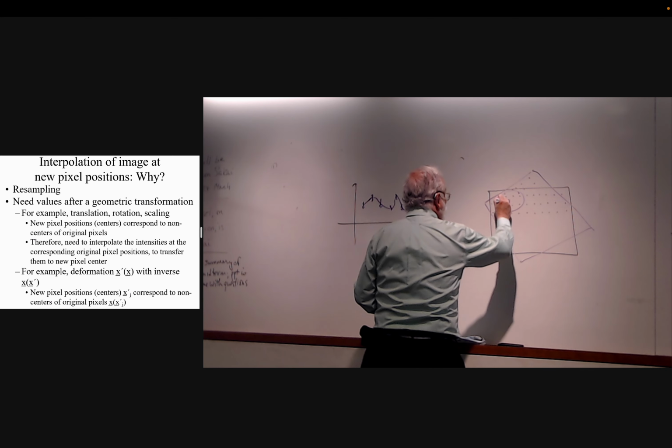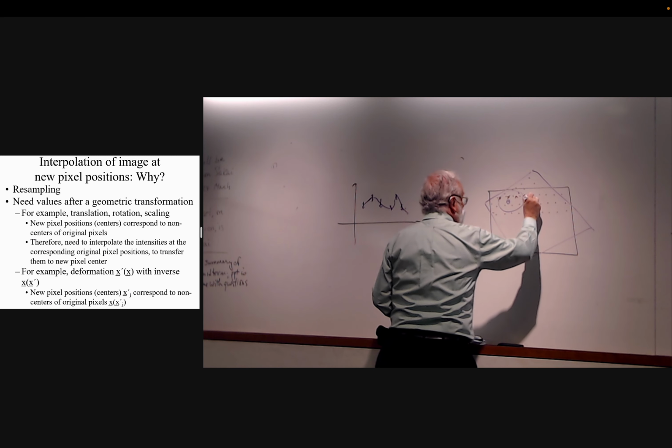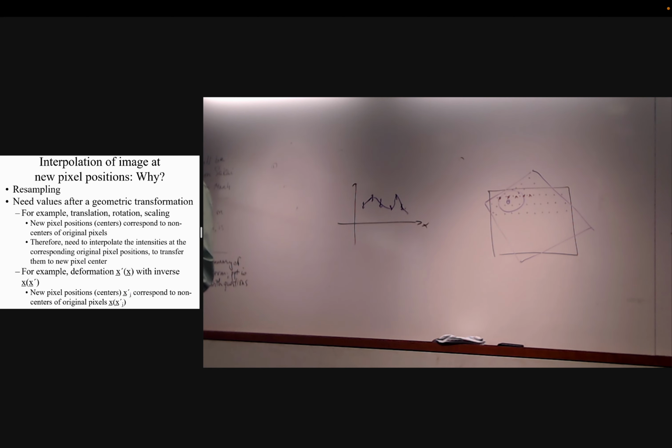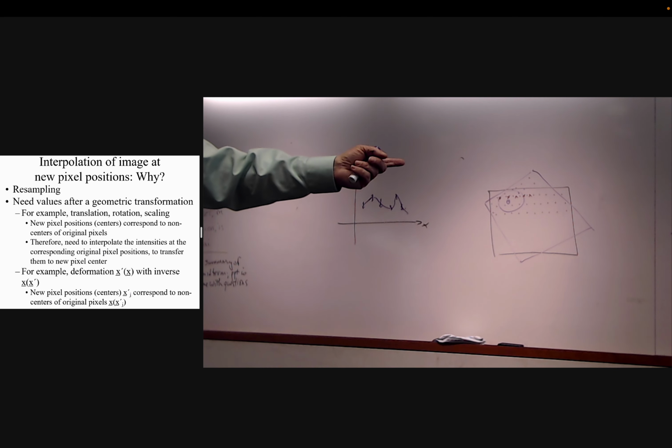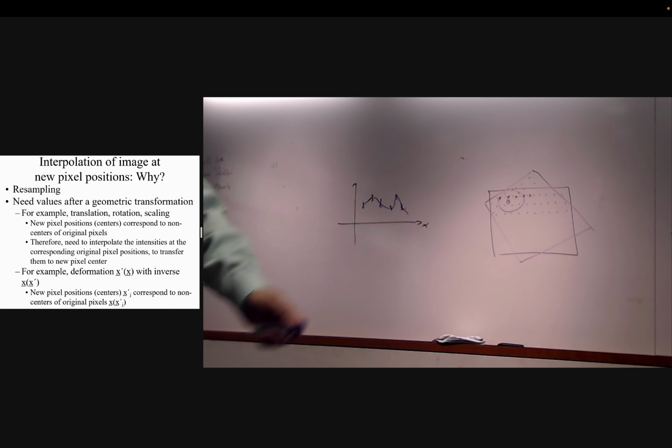Still have XY, but the positions are going to be translated positions. Okay? And so now we need to interpolate at the x's from where the black ones were, right, from the values that we have in the image.